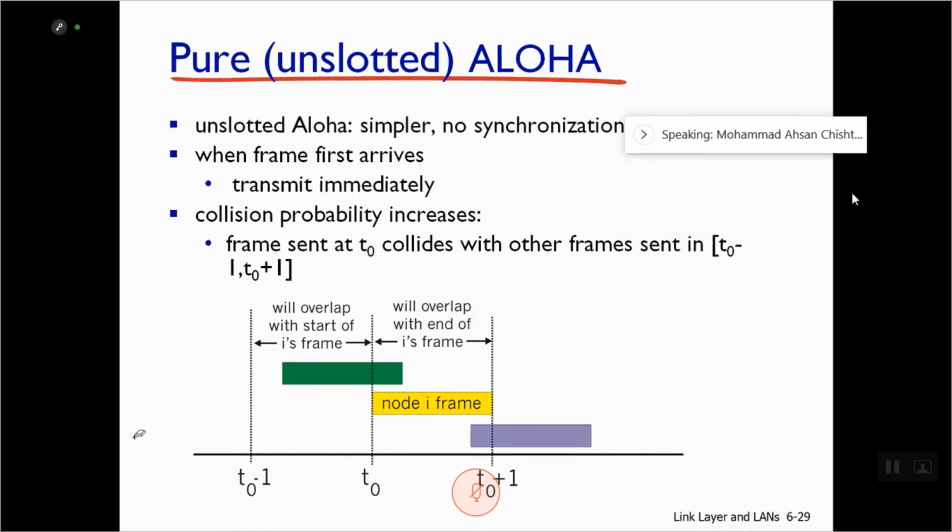So this can create problems, and that's why we have here the efficiency lesser than that of slotted aloha. Typically, it is said that the efficiency of pure aloha is half of that of slotted aloha.